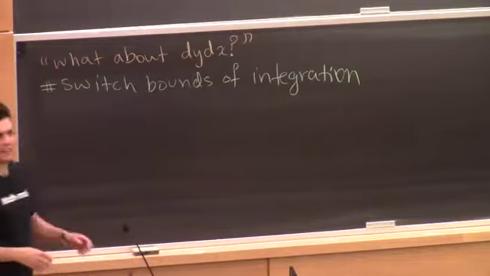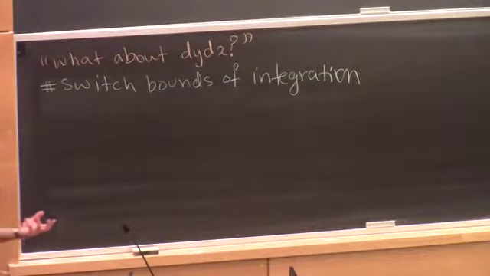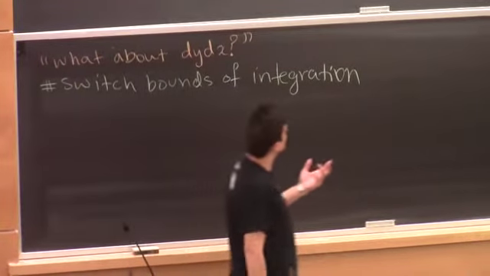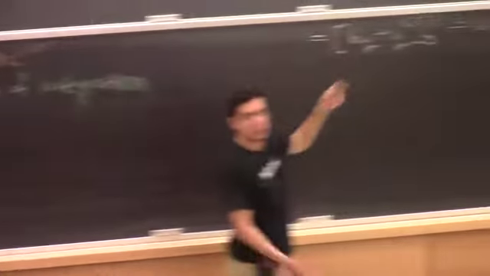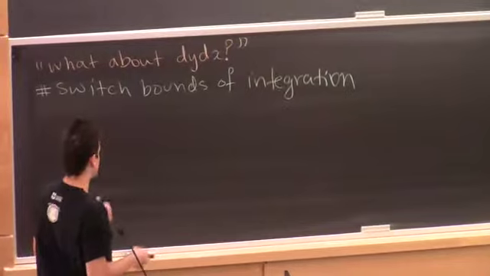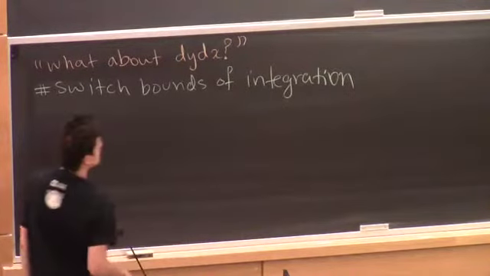And I guess the idea here is if we switch the order of integration, we should be measuring the volume of the same region, but written down in a different way. So let's try that and see what we get.